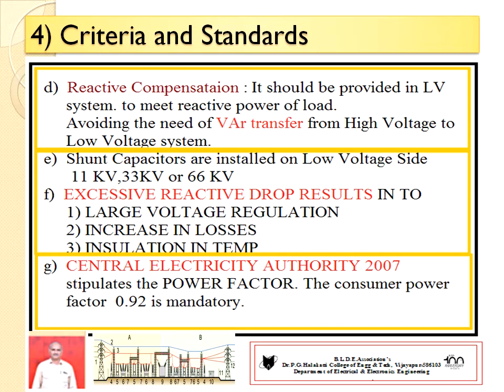If a consumer or industry operates at less than 0.92 power factor, then a heavy fine is imposed on that particular industry. This has been made for industry only, for the utility, under the guidance of rules. Hence, industries must maintain at least this power factor to avoid the fine.